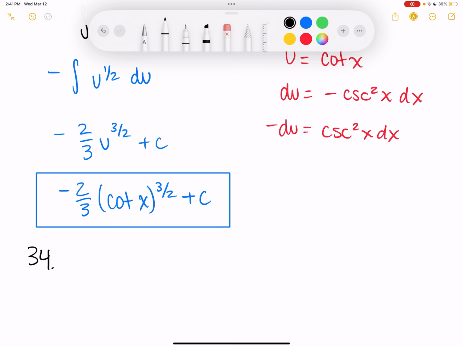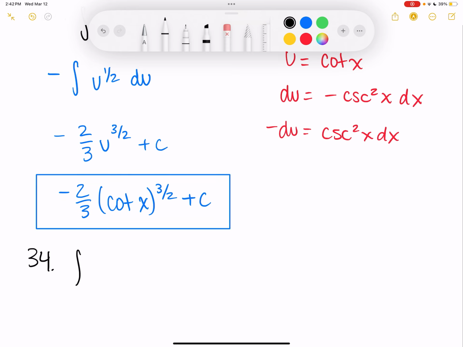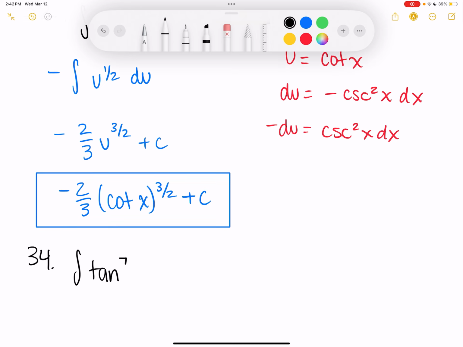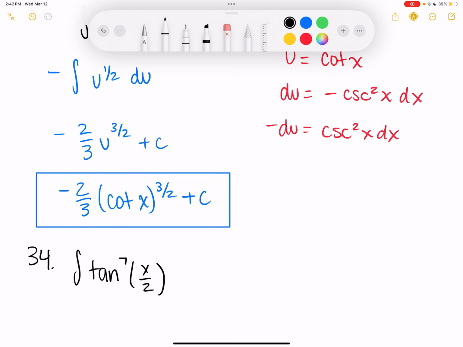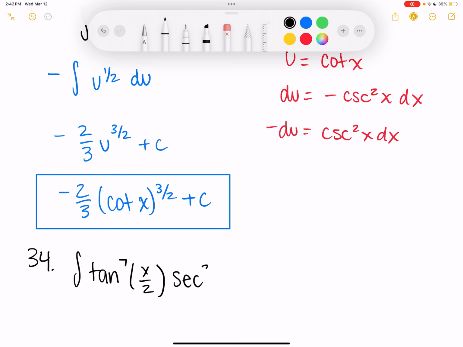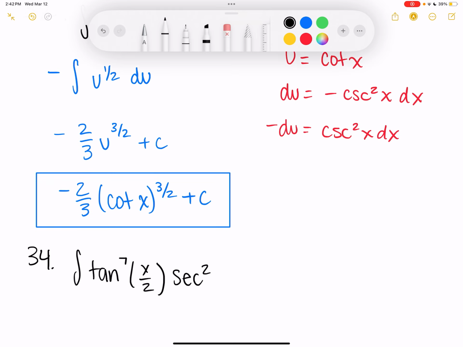Ooh, this next one's an interesting one. The integral of tangent to the 7th of x over 2 times secant squared of x over 2 dx.